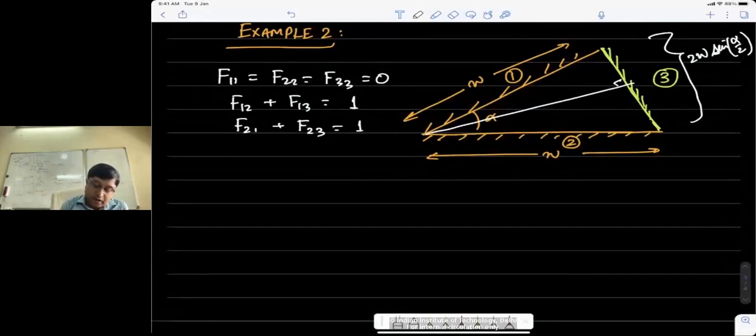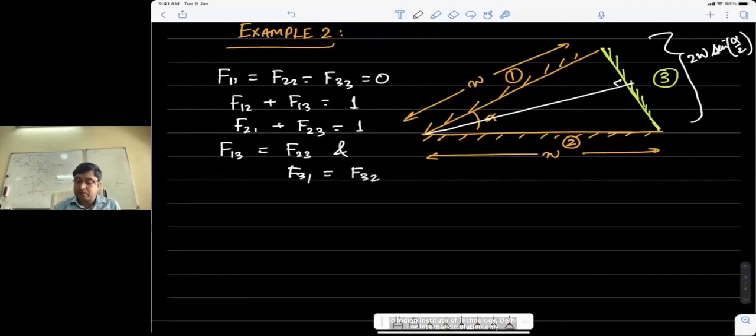So geometrically, f13 should be the same as f23, and from 3 to 1 should be the same as from 3 to 2. That is just by geometry, if you look at it from this point of view. The lengths are the same, so we can use this judgment to say that the view factors should be the same.